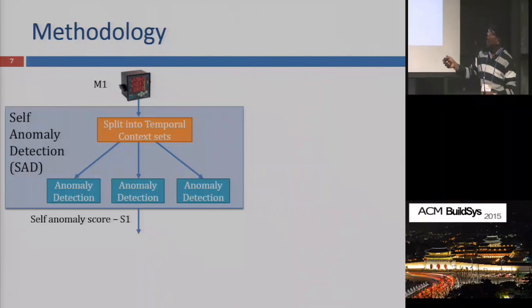Particularly, you have meter data coming from a particular building. You first split that meter data into different temporal context sets. You may have one context set, or multiple context sets, and later you can combine them. For each context set separately, you apply an anomaly detection algorithm, and that score is called a self anomaly score.